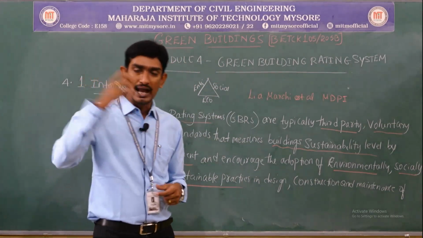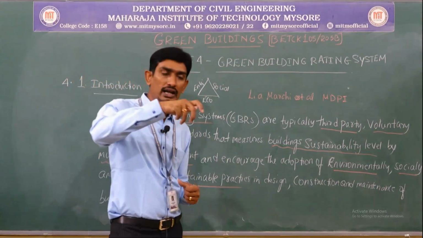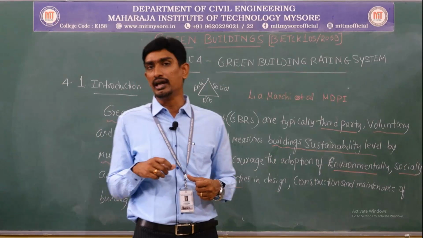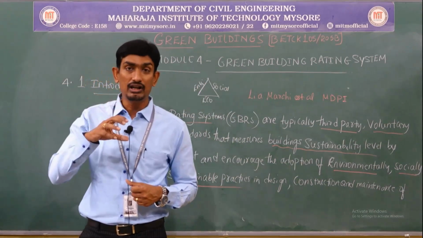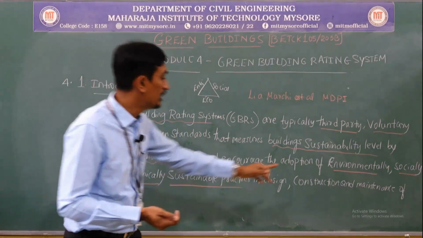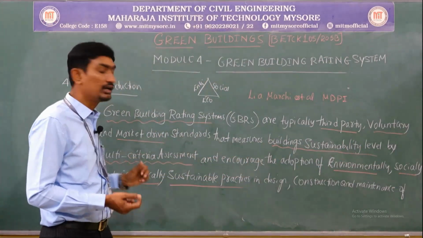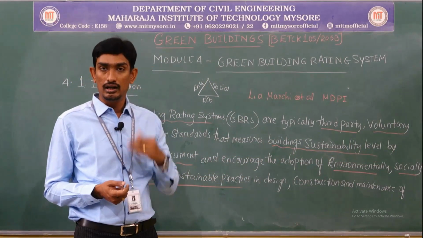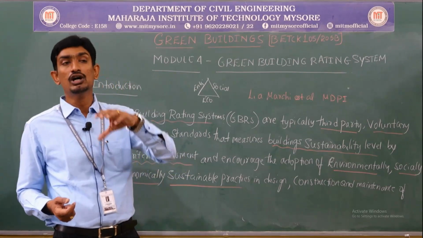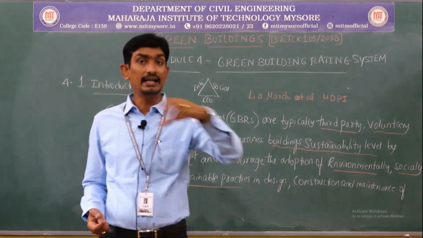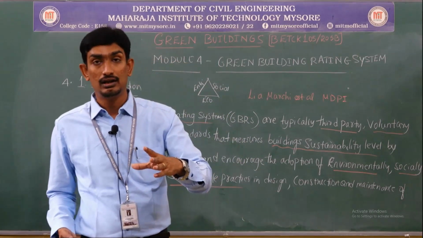Is it clear? So at the planning stage itself, from the inception itself, we need to orient and plan our building in such a way that it will contribute more towards environmentally, socially, economically sustainable levels. I told a small example, orientation. That means how effectively the sunlight and fresh air can come inside.